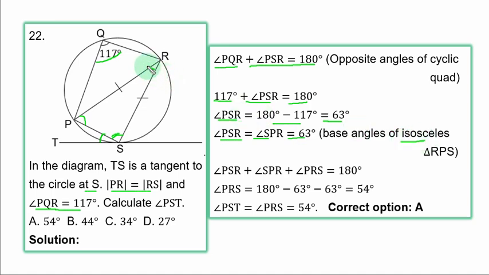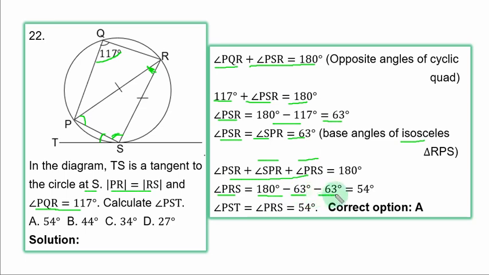So we get this angle now. So if we add the three angles in triangle PRS, the sum is 180 in this form. Already you know this and you know this as well. So if you transfer the two to the right hand side, you have angle PRS equal to 180 degrees minus 63 degrees minus 63 degrees.